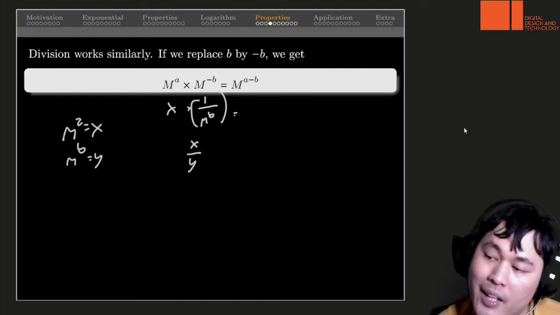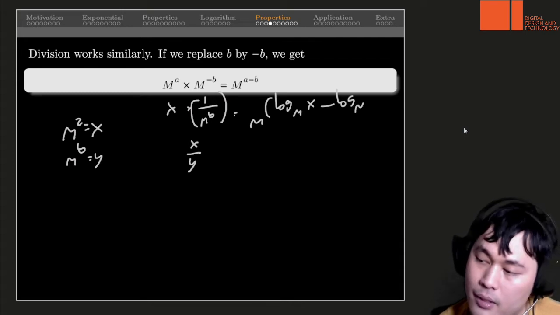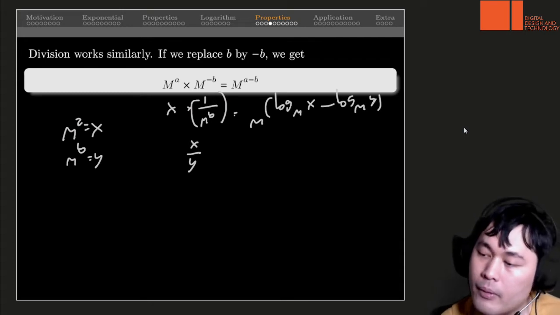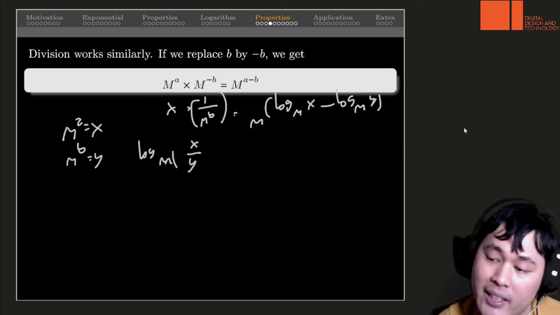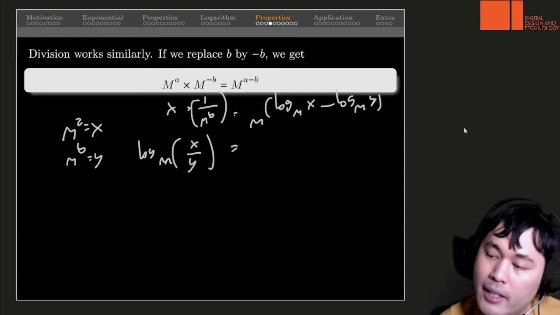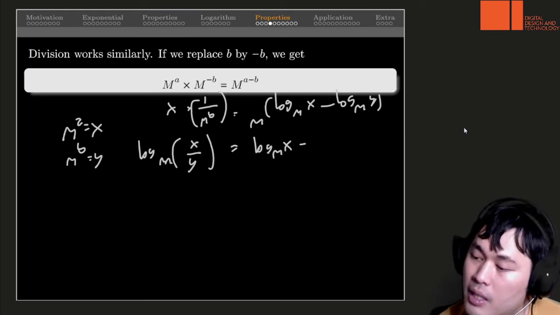And likewise, the right hand side is m to the log base m of x minus log base m of y. And once you tidy things up, I take the log base m. I use the definition to take the numbers down. You get this second property.